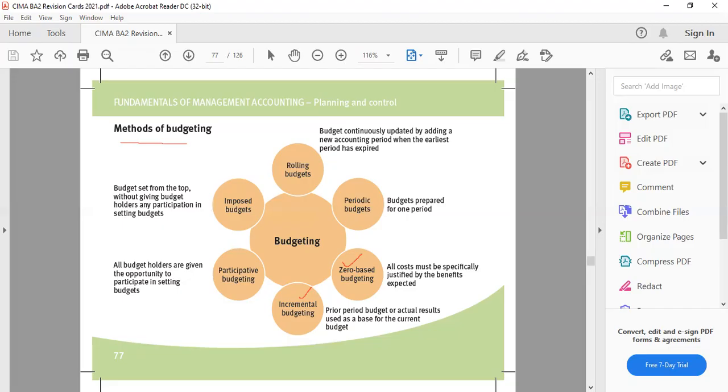They only incorporate the anticipated changes, but they do not verify whether the right amounts are in the budget. That verification is not taken up, so the past inefficiencies will continue into the future. That is one disadvantage of incremental budgeting.